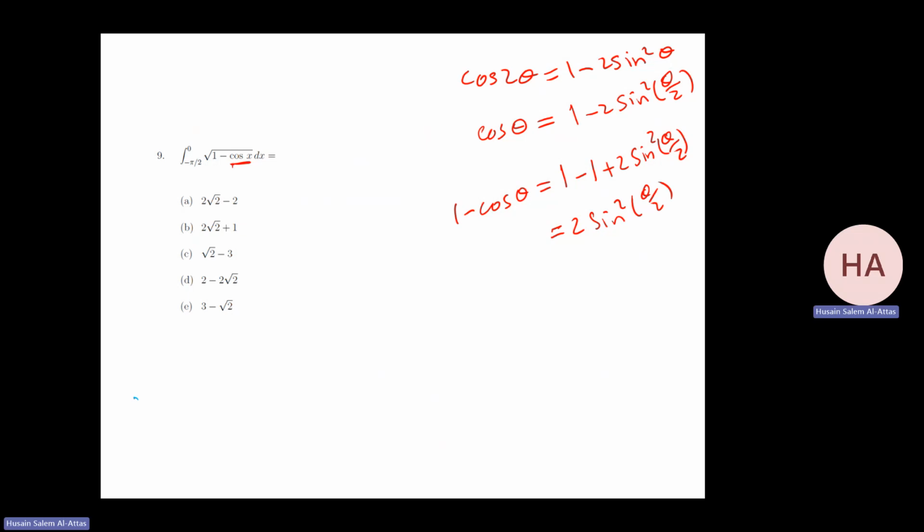Now I plug it into the square root. I'm doing nothing, I'm just rewriting the function. No need to change the limit of integration. That is, I will be minus pi over 2 to 0 of square root 2 sine square theta over 2 d theta, or x over 2.